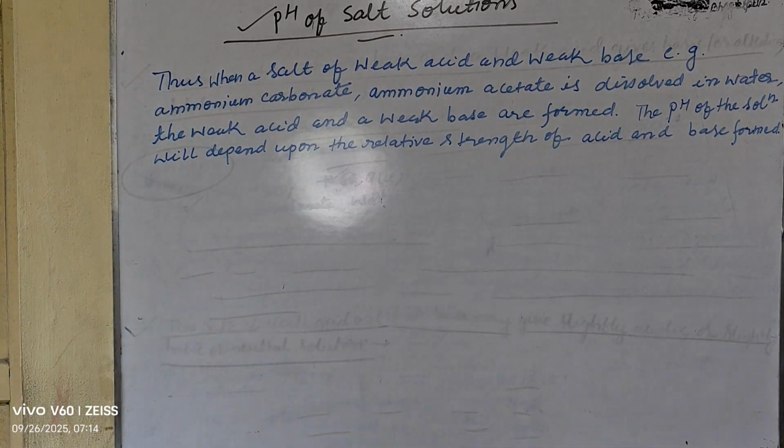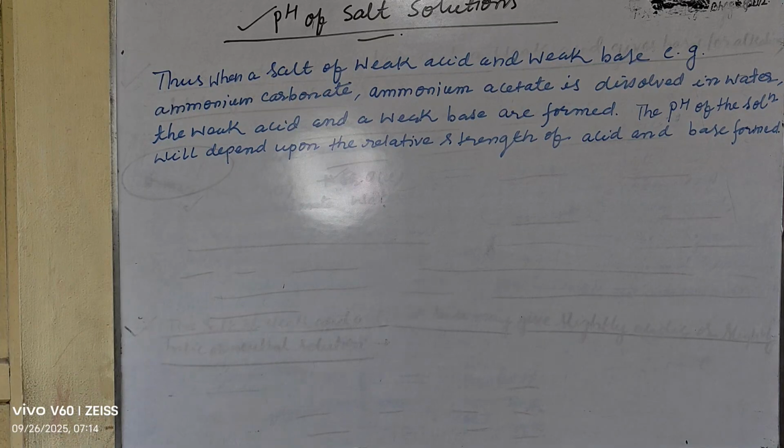Thus when a salt of a weak acid and a weak base, for example ammonium carbonate or ammonium acetate, is dissolved in water, the weak acid and weak base are formed. The pH of the solution will depend upon the relative strength of acid and base formed.